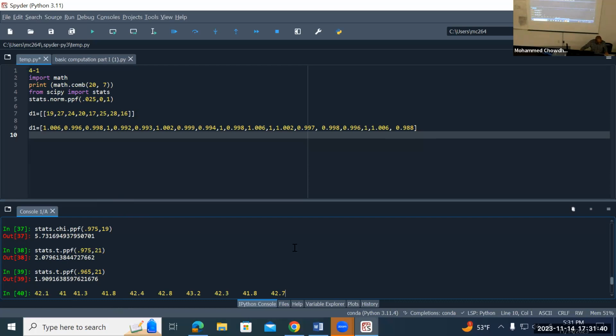Control V. I put it in there and then I put like this. It will take a little time for me.